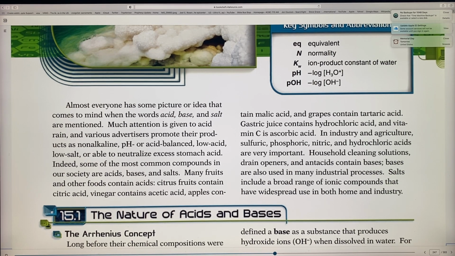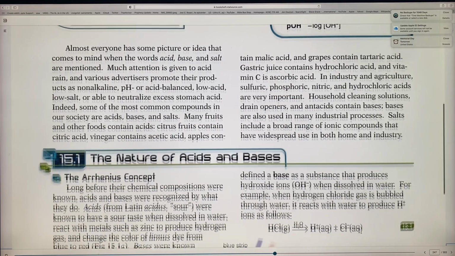So we're going to need to know a lot about acids, bases, and salts. Isn't it wonderful how God puts things together? Even in our blood system, there's a buffer system that has to do with keeping our pH, our acids and our bases, at a certain level so that we can even live. And there's so many things going on in our body that have to do with acids and bases.